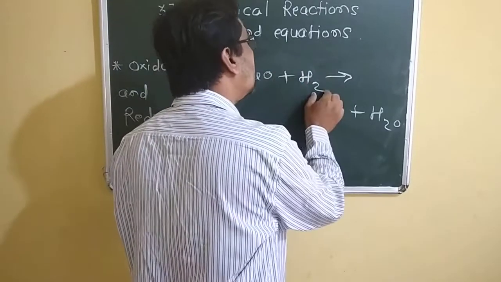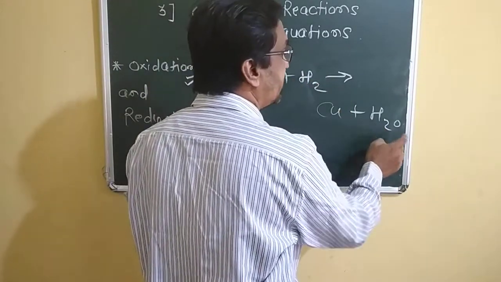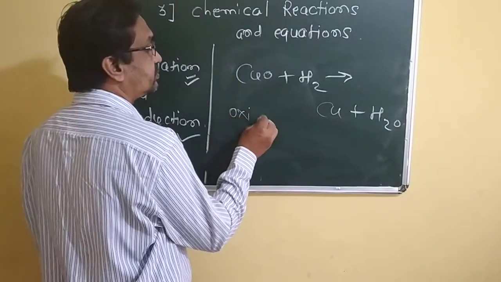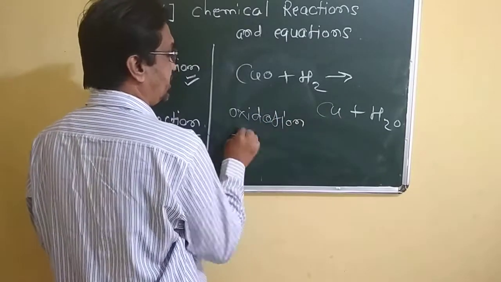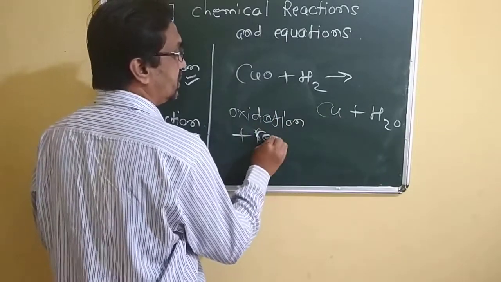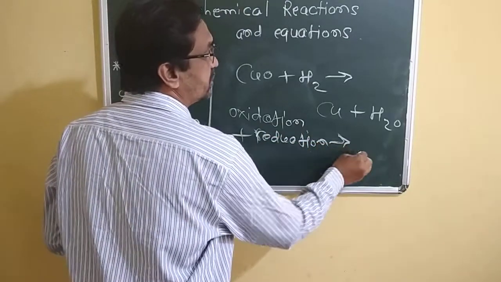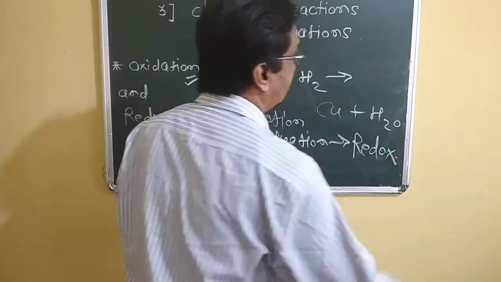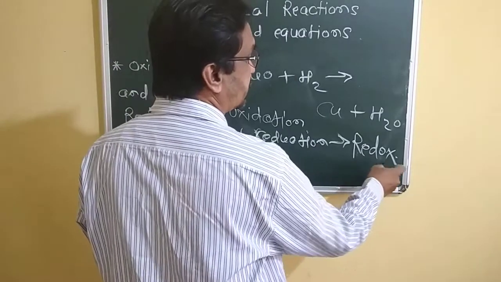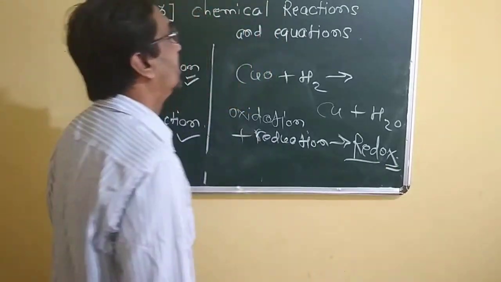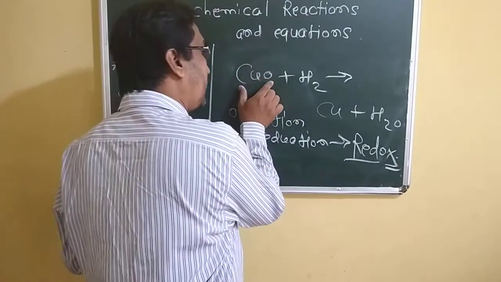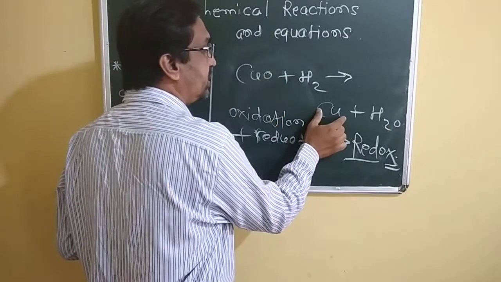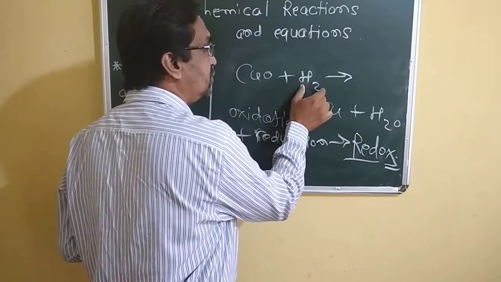And addition of oxygen, the oxidation process, also happens there. Both these processes happen there, so it is called redox. Reduction of copper oxide and oxidation of H2 with O. The reducing agent is H2.